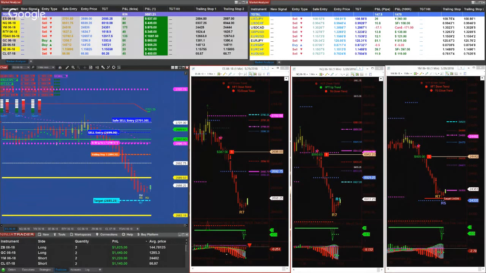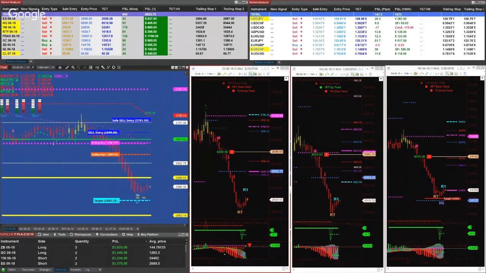That includes total base on one contract of 650 ticks on the automated trade.